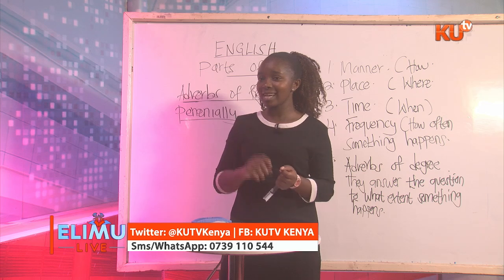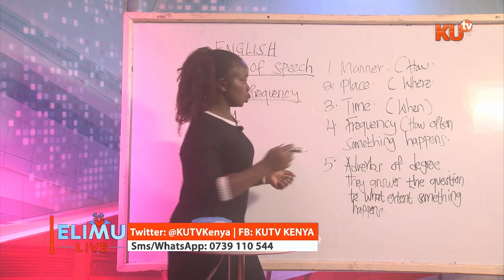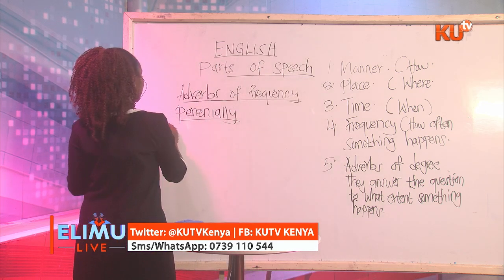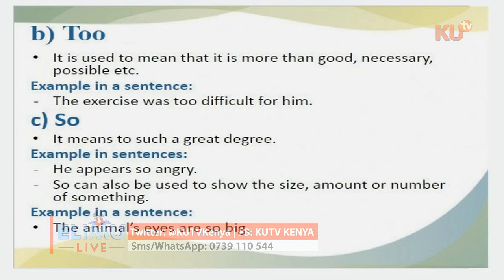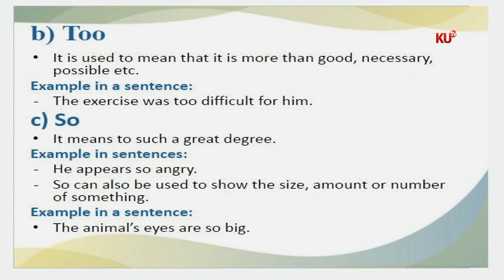Too is used to mean that it is more than good, necessary, possible, etc. An example in a sentence: the exercise was too difficult for him.